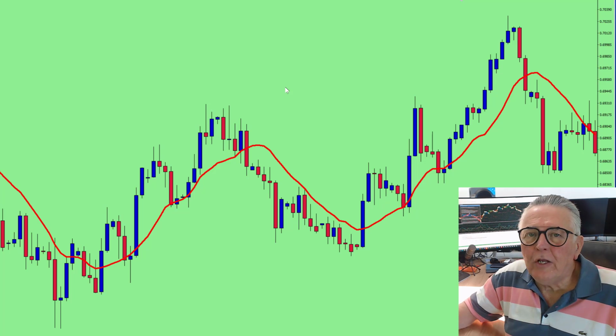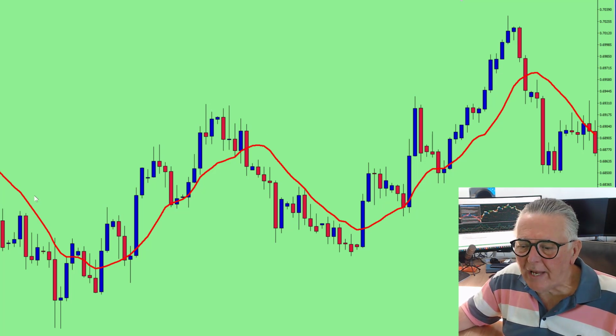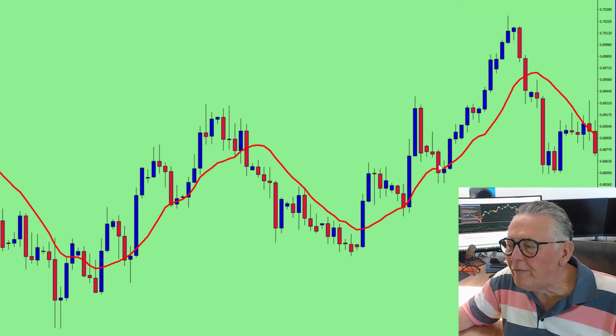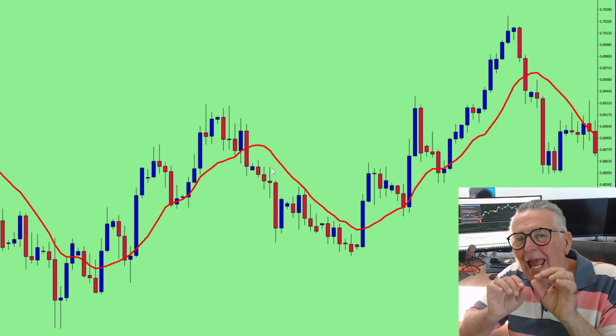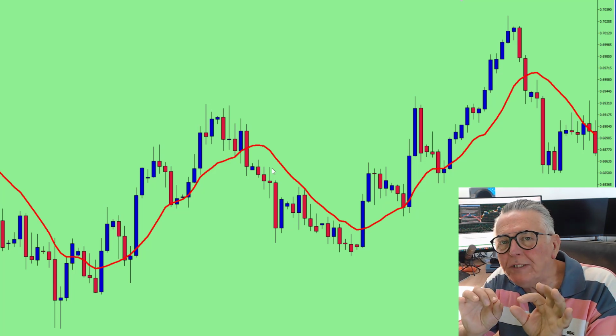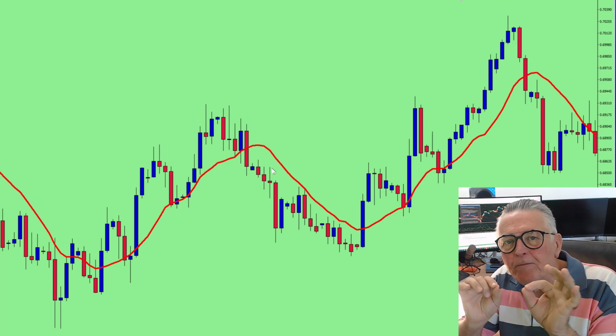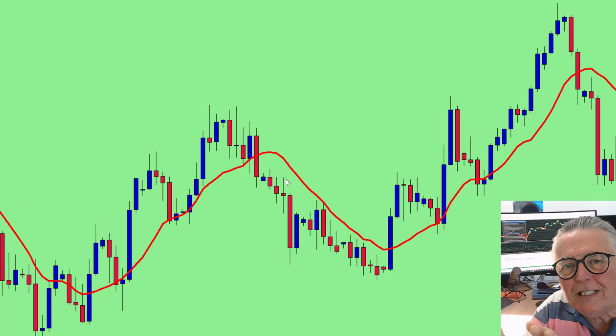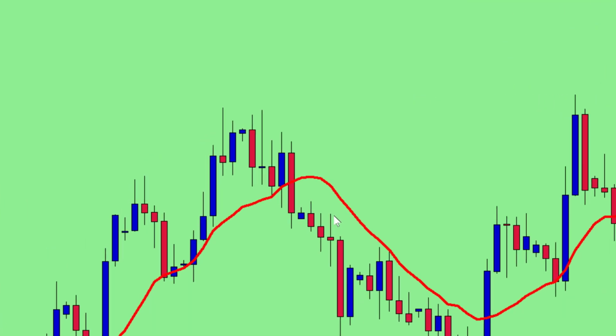And on your screen, you can see a moving average that has been loaded. What this moving average is, is an average of the closing price of the instrument that we're looking at here, averaged over a certain amount of bars.